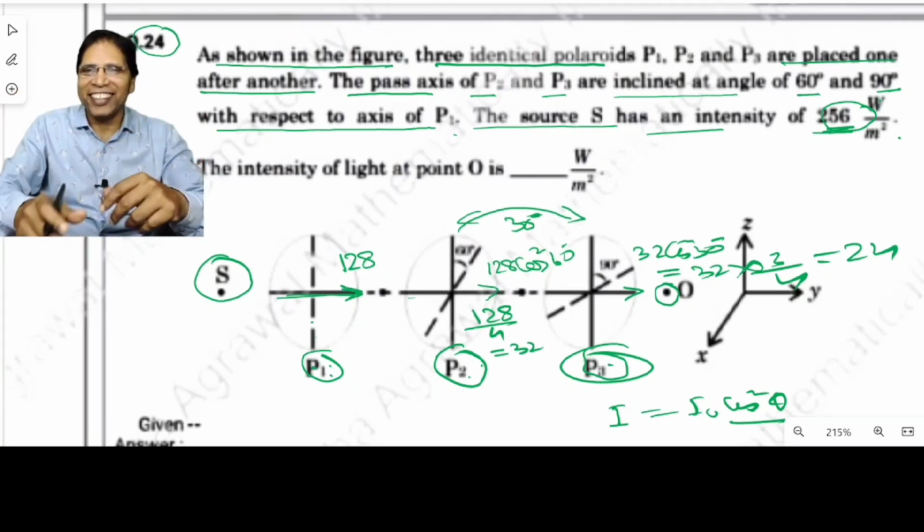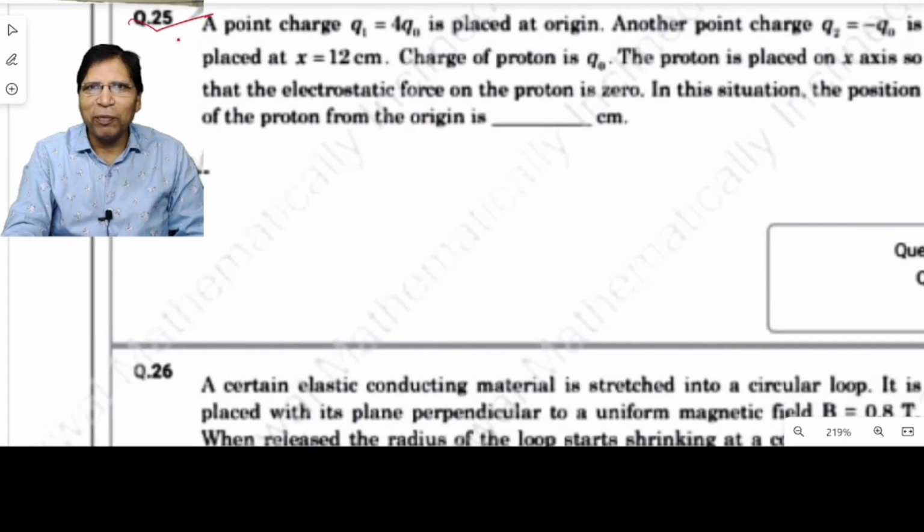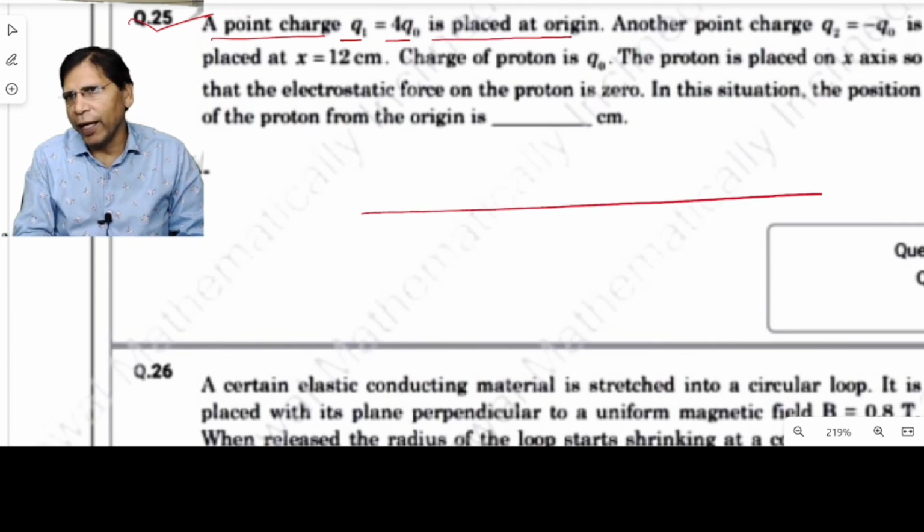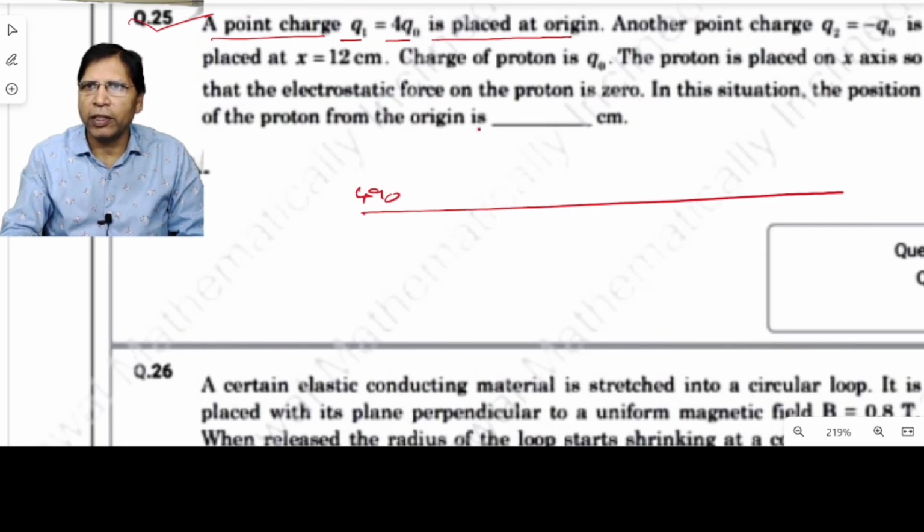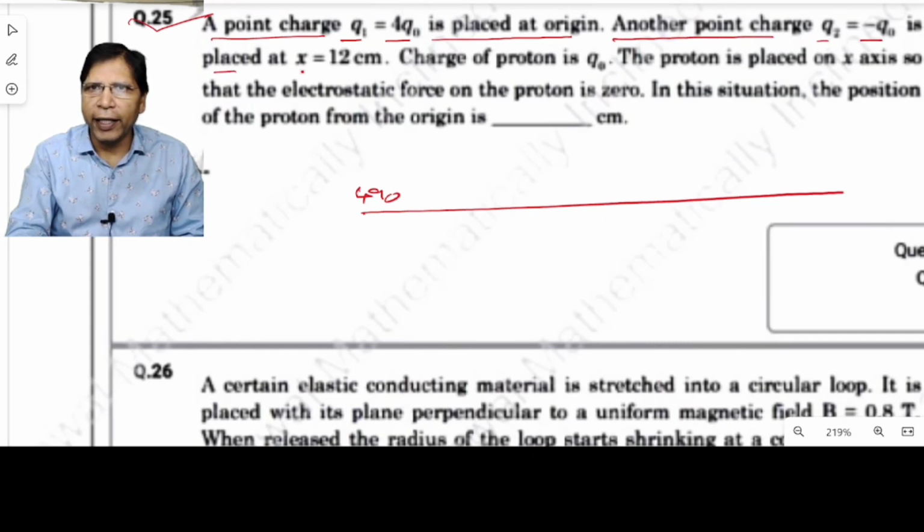Understood? Next. Now question number 25. If point charge Q1 equal to 4Q naught is placed at the origin. Suppose this is the x-axis and this is the origin, so 4Q naught charge is placed at this point. Another point charge Q2 equal to minus Q naught is placed at x equals 12 centimeter.